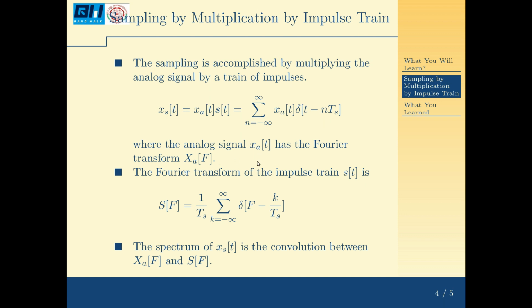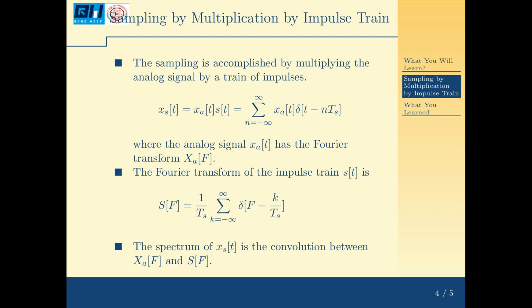Now consider that this analog signal xa(t) has a Fourier transform, say Xa(f). Earlier, when we discussed the Fourier transform of certain periodic signals, we discussed the impulse train.